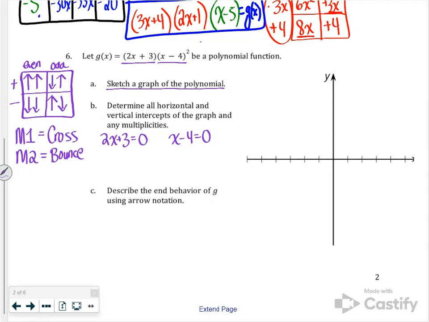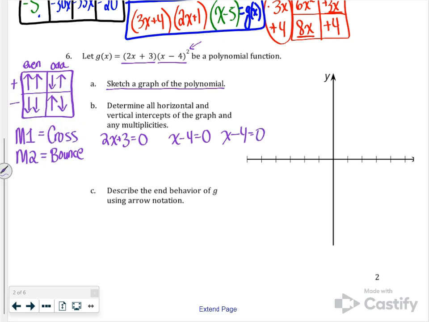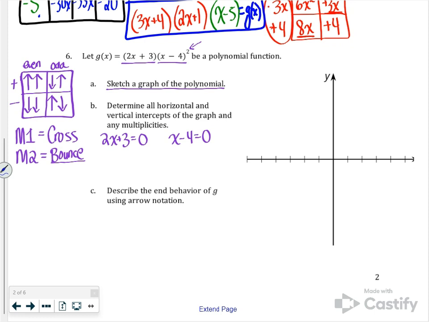Now, remember, if there's a 2 here, that means that technically there is another x minus 4 equal to 0. But since they create the same x value, we need to remember that this x value is going to have a multiplicity of 2, and this one will bounce. So I don't actually have to do 2 solvings there, but that's how we're going to use that squared to help us understand what the function looks like.